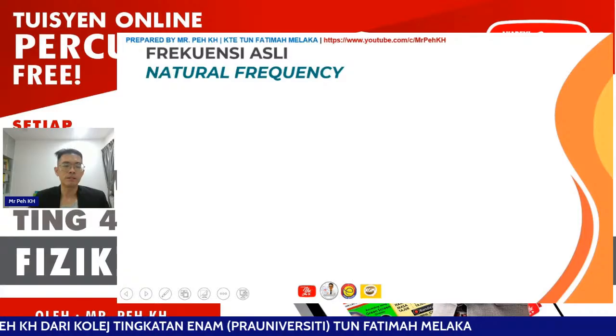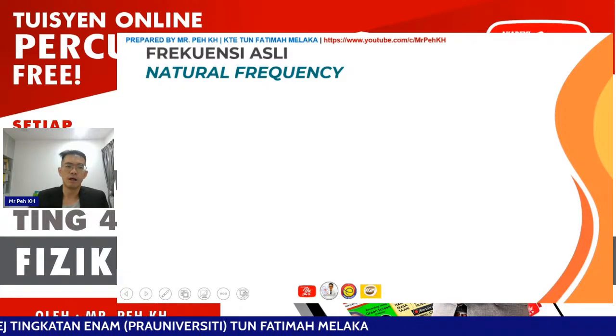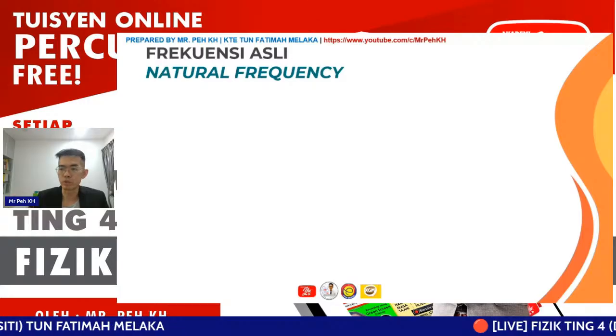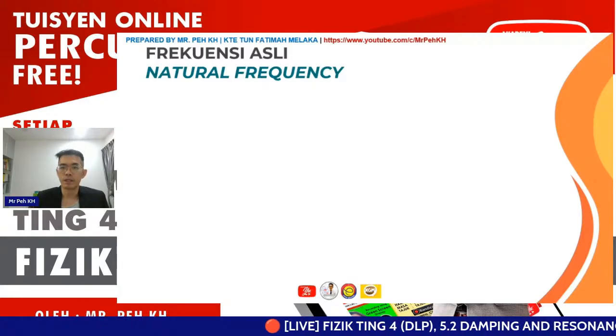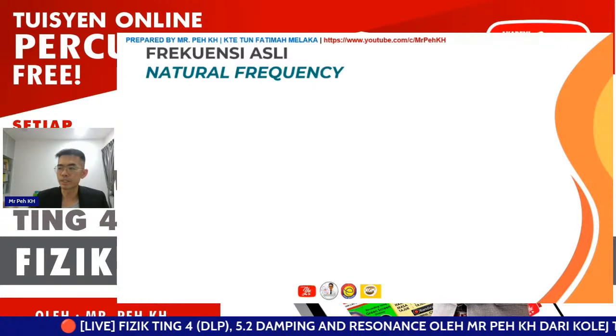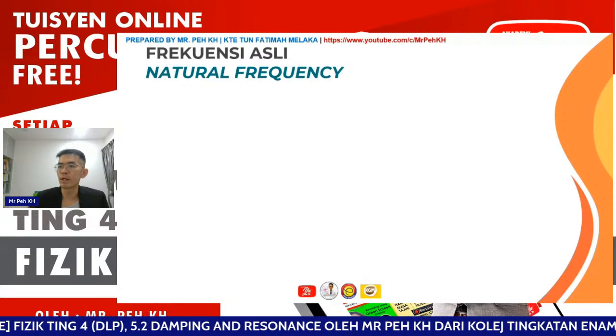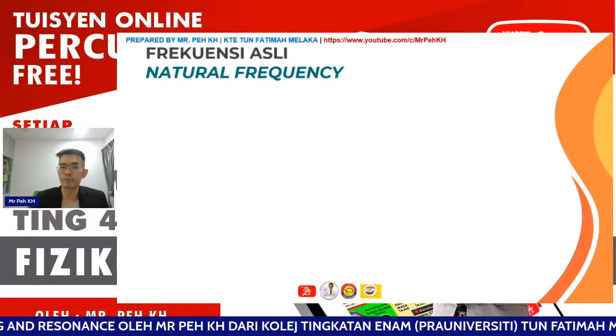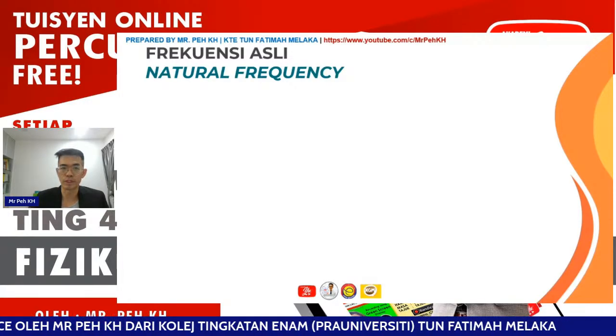Okay, then here, let us discuss the meaning of natural frequency, which is related to the term resonance, which you need to understand in your learning center 1. Just now in learning center 1, we discussed that you need to be able to describe damping.